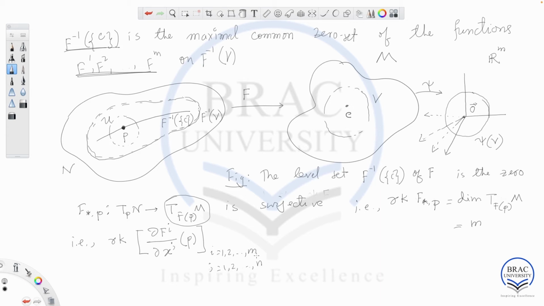This is an m times n matrix, and I want the rank of this m times n matrix to be equal to m. This is an m times n Jacobian matrix. Okay, good.